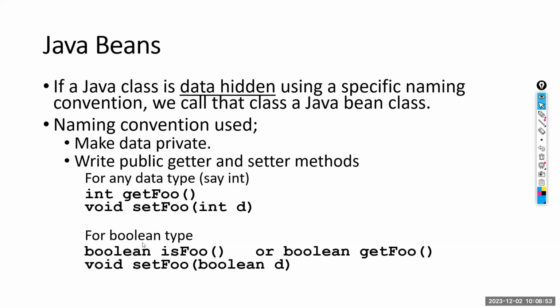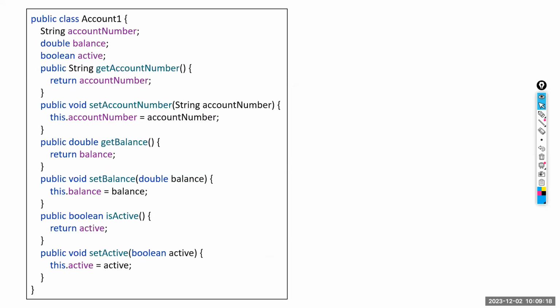But if it is a Boolean, the set is the same, but rather than get, we can use is, but it's optional. So you can either call it getX or isX. That is only for Boolean. Others, it is get method and set method. So then we say our class complies with the Java Beans convention. Okay. So something like this.